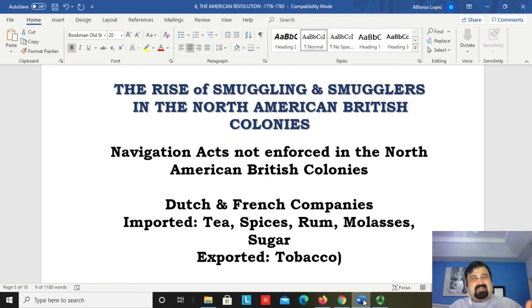So we're going to see, of course, terminology that is going to be introduced now in the laws of trade, things like smuggling and smugglers, people that are violating the rules of trade.